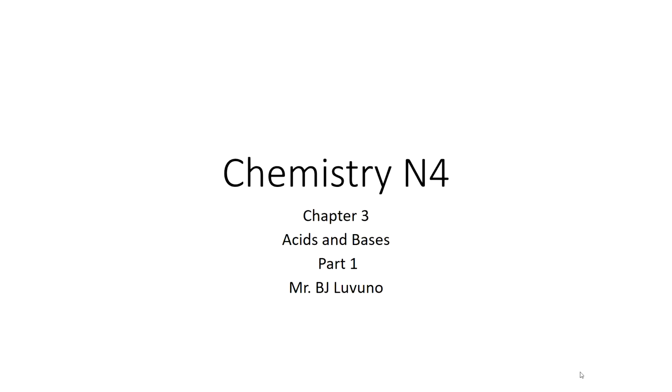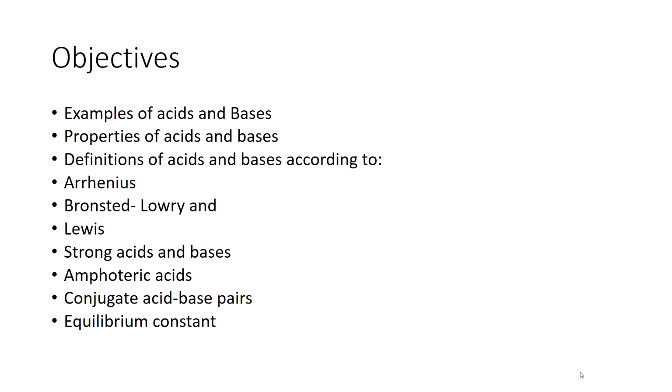of our lesson. The objectives that we are going to cover for this lesson in particular are examples of acids and bases, properties of acids and bases, definitions of acids and bases according to Arrhenius, Bronsted Base, and Lewis.